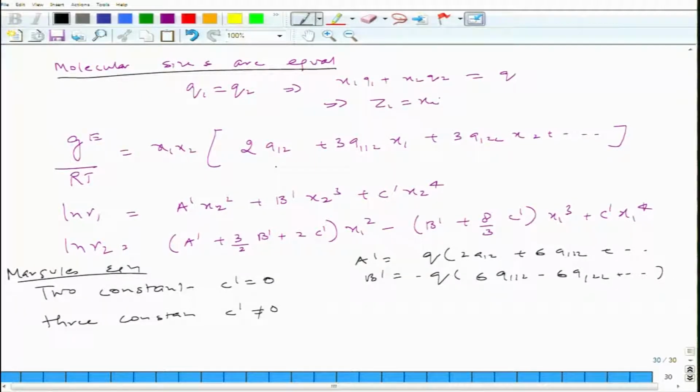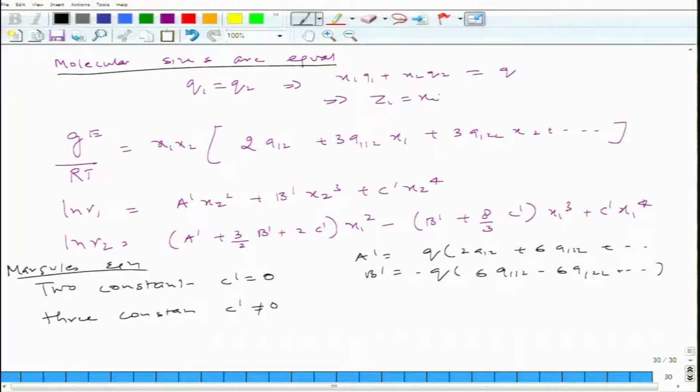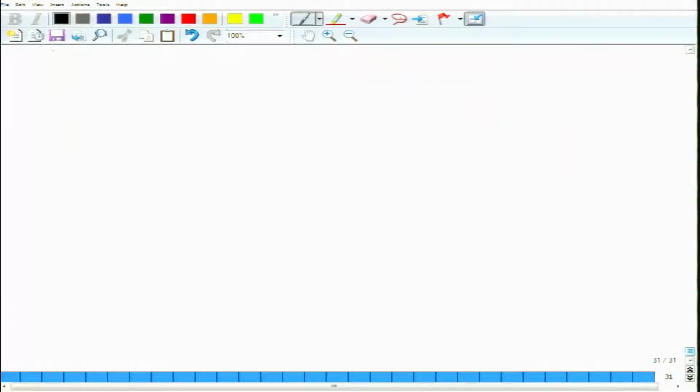In practice, you can see that this 2 constant and 3 constant Margules equation should not be used for systems having dissimilar sizes, but in practice they are also used. The last expression is due to Scatchard-Hamer, which I am going to talk about, and then I will stop and focus on some examples.